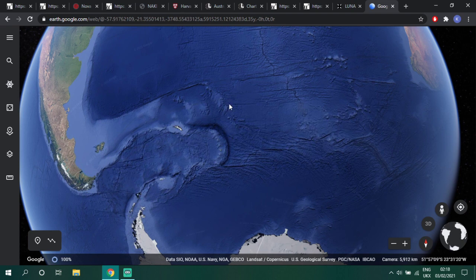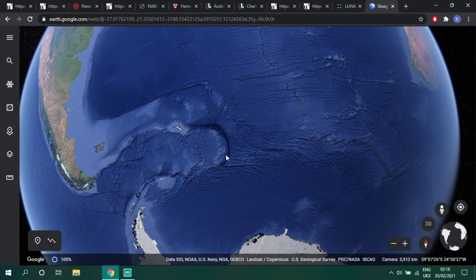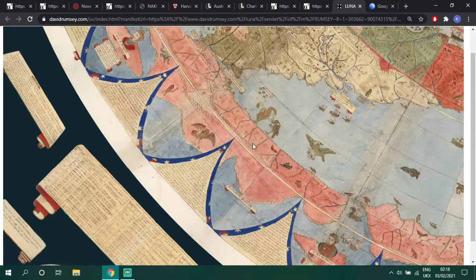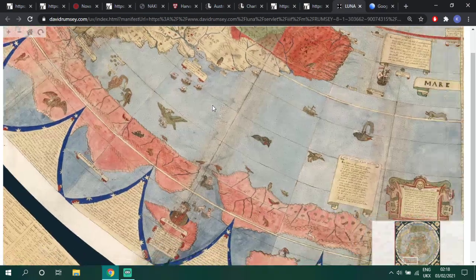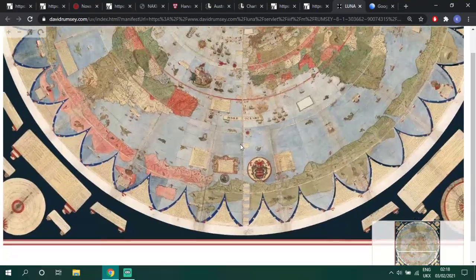So I hope you can kind of get what I'm getting at here. That obviously the landmass we know was 400 foot or whatever it was lower than it is today in the past, and we must take that into consideration and rethink what the Earth actually looked like in the past. And there's no other map than this one to prove it, really.